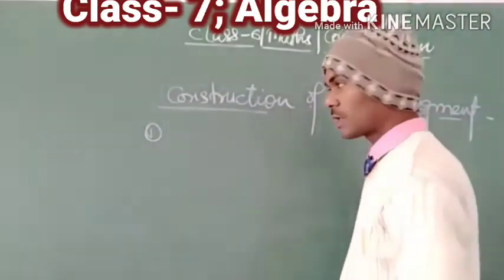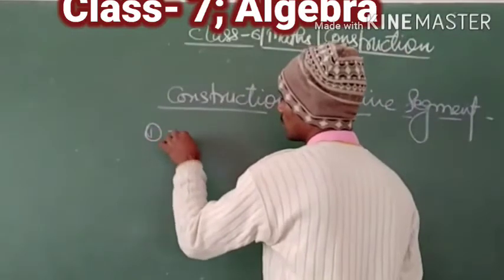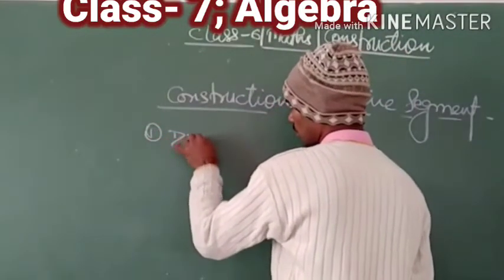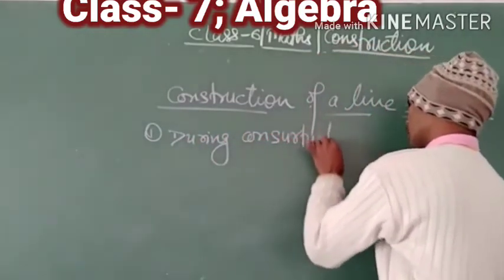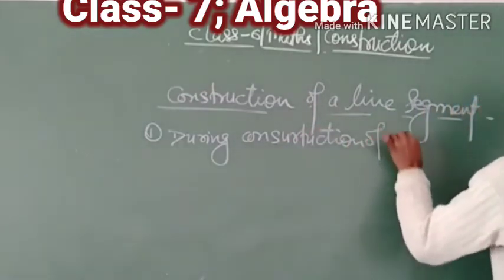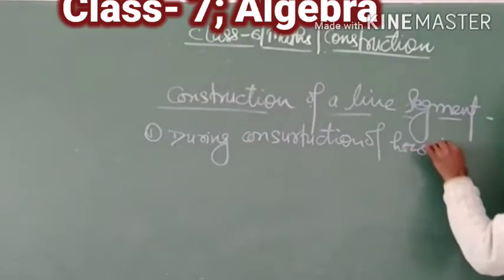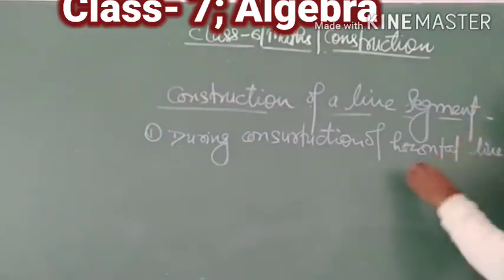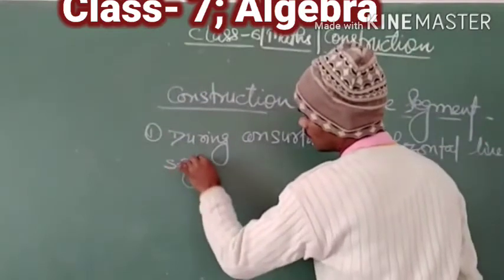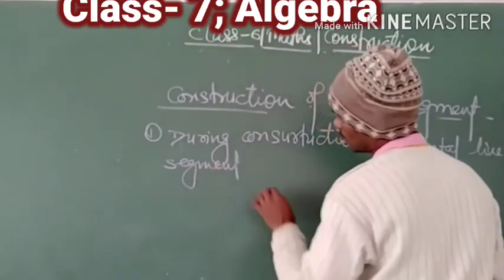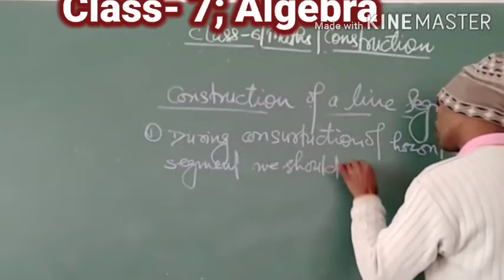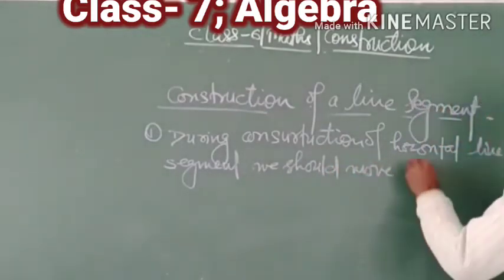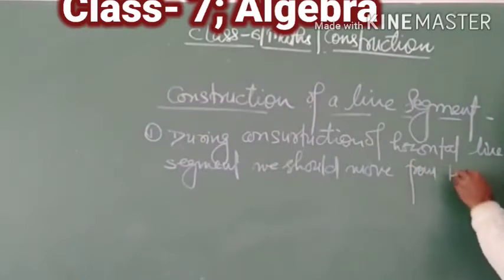The first thing to be noted is that during construction of a horizontal line segment, we should move from left to right.